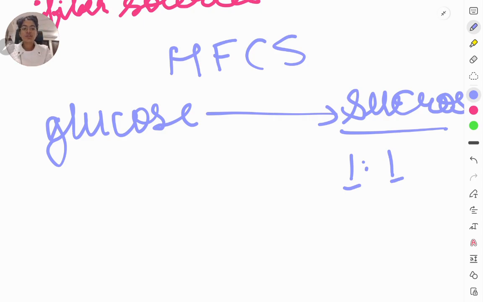This is being used in some soft drinks or beverages. So there the sucrose is being replaced by high fructose corn syrup.